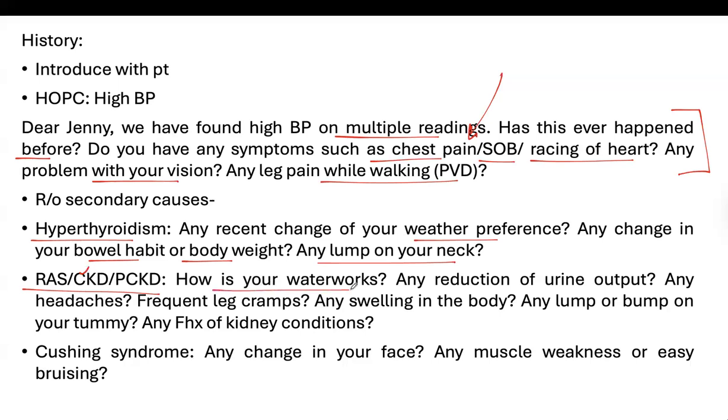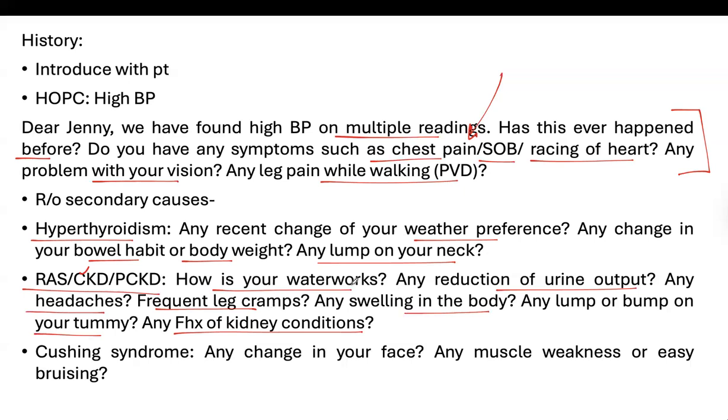So how is your water works? Water works is the urine. Any reduction of urine output these days? Any headache? Any frequent leg cramps? Any swelling in your body? Any lump or bump on your tummy? Any family history of kidney conditions? So these will cover all of them.